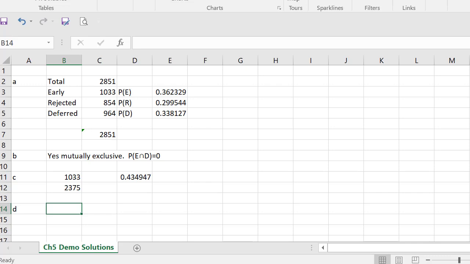So let's let F be the event that a student applies for early admission and is deferred, and later admitted.